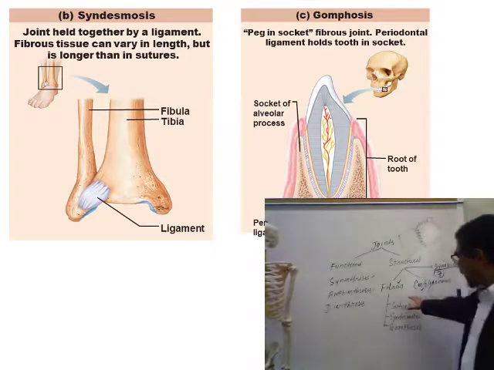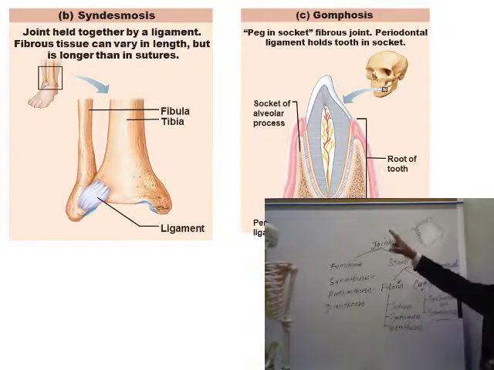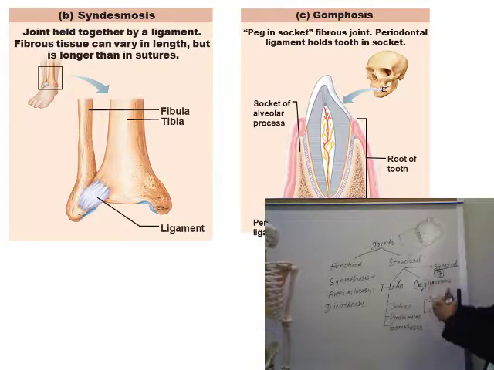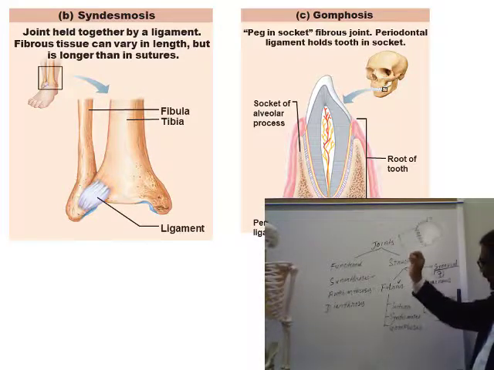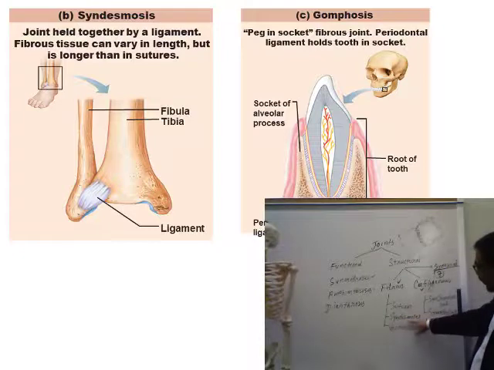So those are three types of fibrous joints. I am repeating again. Sutures, cranial or skull bones are connected by sutures, and very short, dense connective tissue fibers hold the bones together. Syndesmosis, ligament holds the bone together.